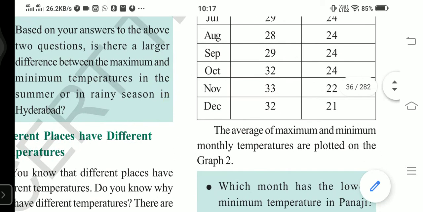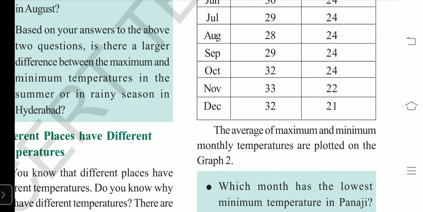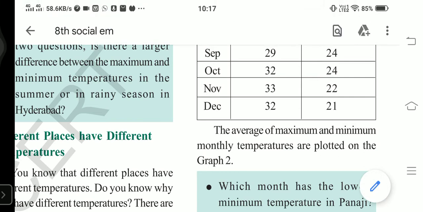Okay, right? So extreme variations in temperature we find at places which are far from the sea, right?